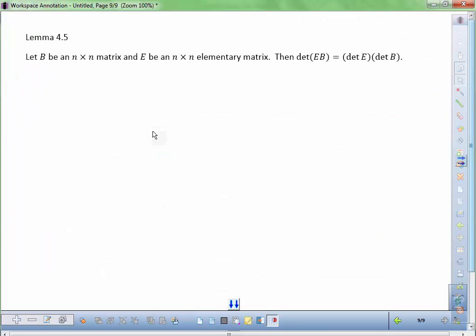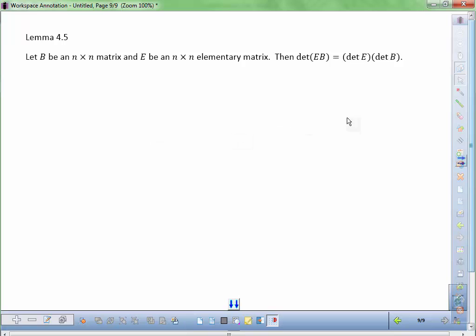A lemma is like a mini theorem that's used to prove a bigger theorem. So you set up a bunch of lemmas and you prove a big theorem, and then anything that follows after a big theorem is called a corollary. Wow, we got these names. It's cool though, too.